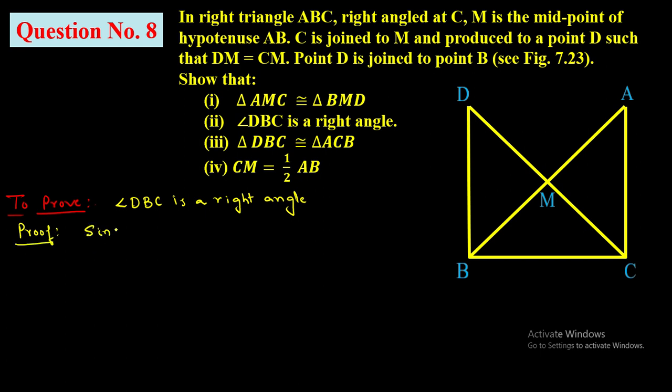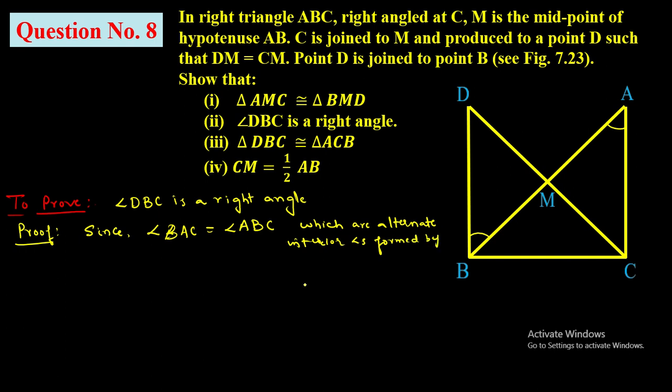Since we got that angle BAC is equal to angle ABD, angle BAC is equal to angle ABD, and if we see, these are two alternate interior angles formed by transversal AB with lines AC and DB.